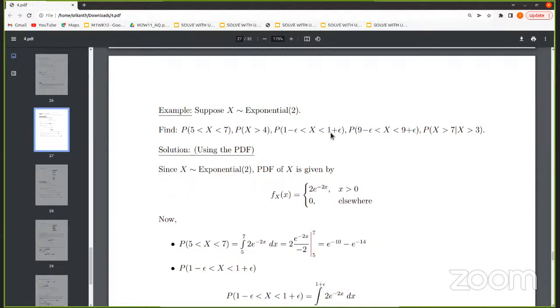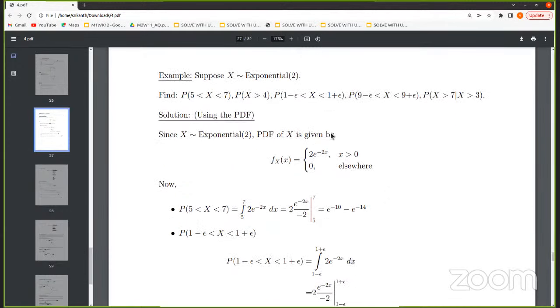Correct? So integrate from 5 to 7, 2 times e to the power minus 2x. Use some calculus. We will even give these integrations as a hint. Then we can also solve it with the CDF formula, 1 minus e to the power minus lambda x. It will be Fx of 7 minus Fx of 5. Correct. You can even use that method.